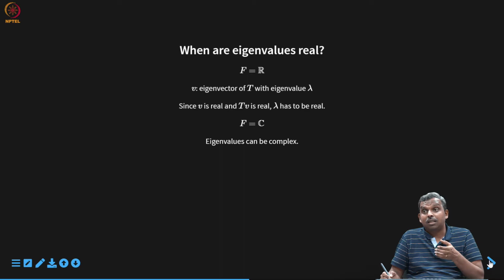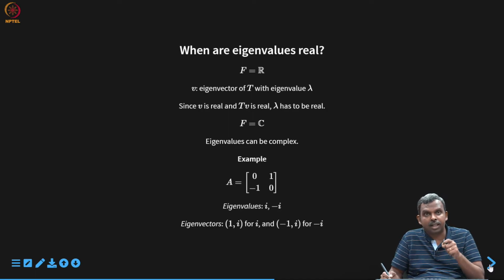But when you look at complex vector spaces in general, eigenvalues can be complex, right? Even if your matrix has only real entries, here's an example, A being [0, 1; -1, 0]. The matrix has real entries, but its eigenvalues are complex, and its eigenvectors are complex.